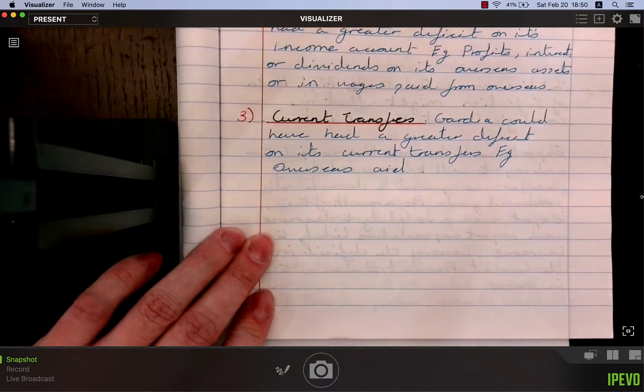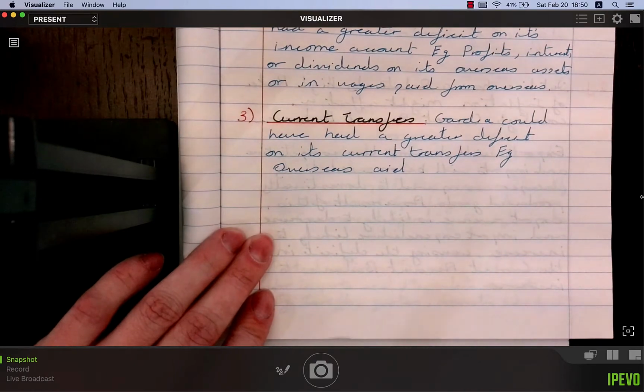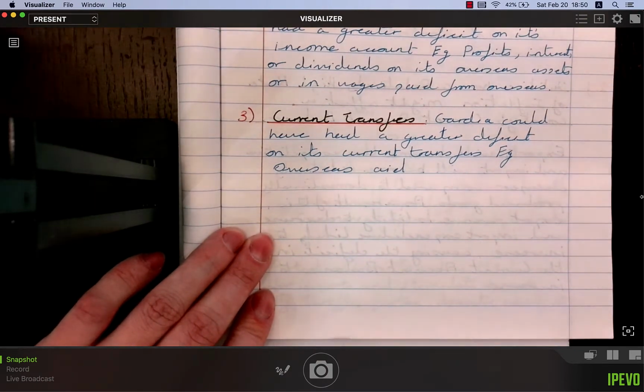That would be a deficit on the income account in the current account of the balance of payments, and if that was greater than the surplus on the balance of trade of goods, then that could lead to Guardia's current account overall being in deficit.